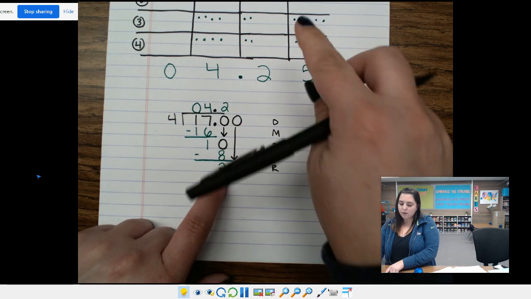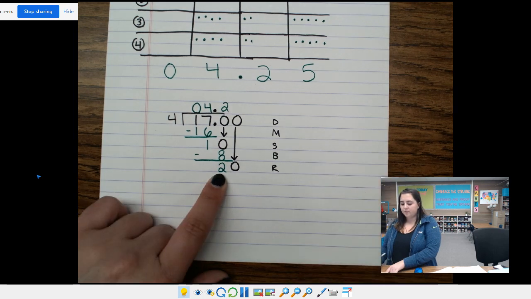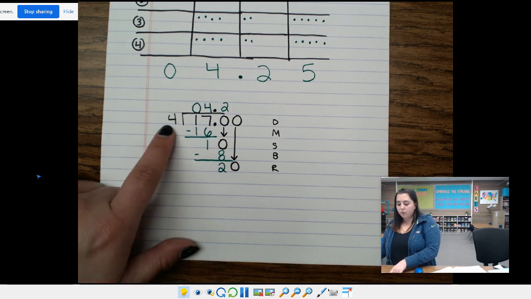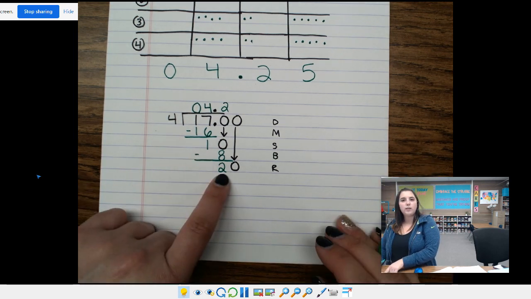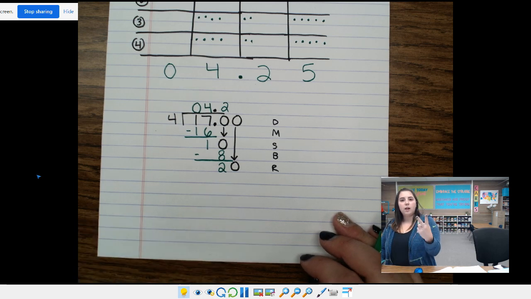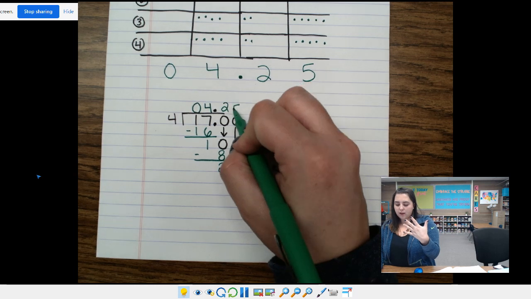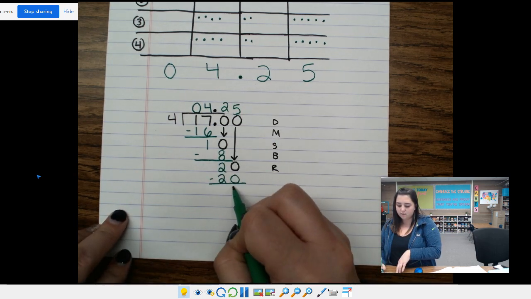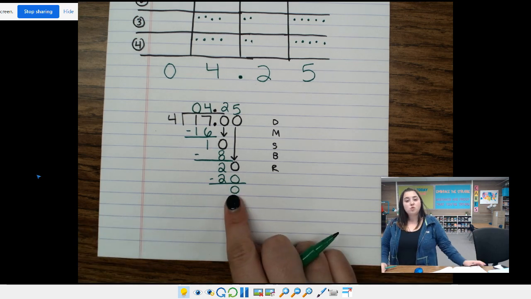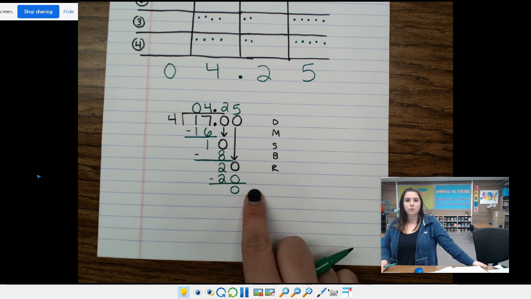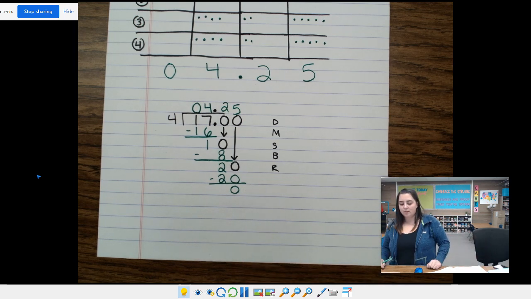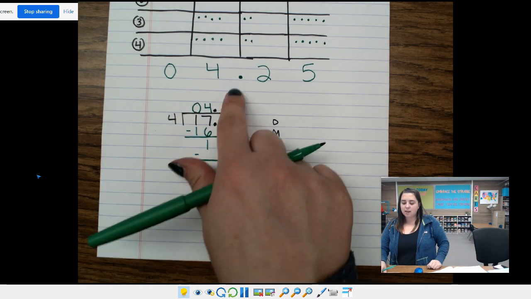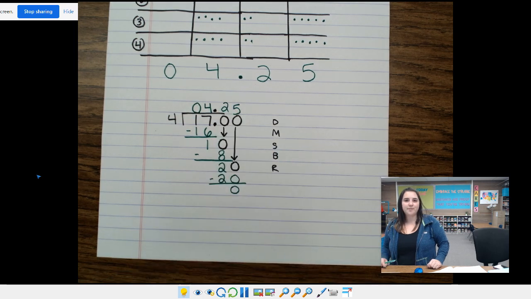Just like how up top I added another column. So now repeat. How many times does 4 go into 20? 4, 8, 12, 16, 20. 5 times and I hit 20 exactly. Now that I've subtracted and I hit 0 and there's nothing to bring down, now I know I'm done. And look, I got the same answer as before.